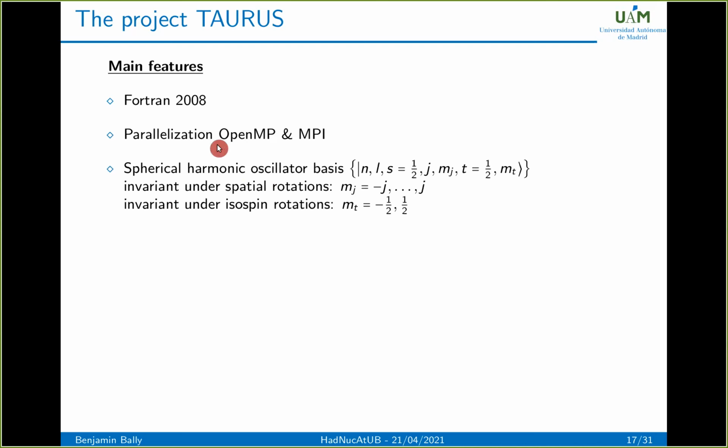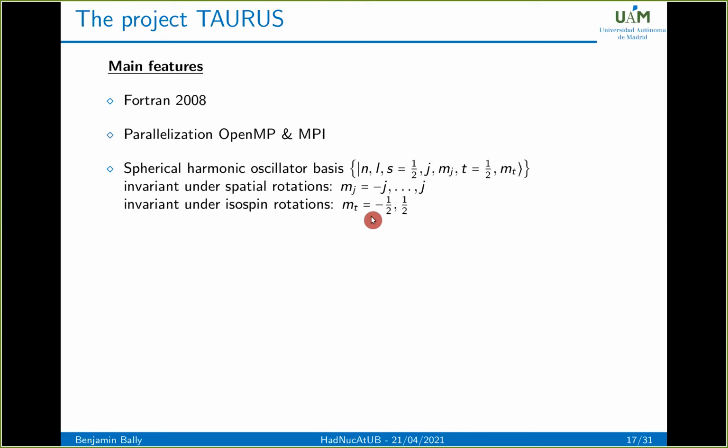The code works in a spherical harmonic oscillator basis. That is the usual stuff, textbook spherical harmonic oscillator basis. We consider all the states of a given angular momentum, all the substates, and we consider also a space that is invariant under isospin rotation.